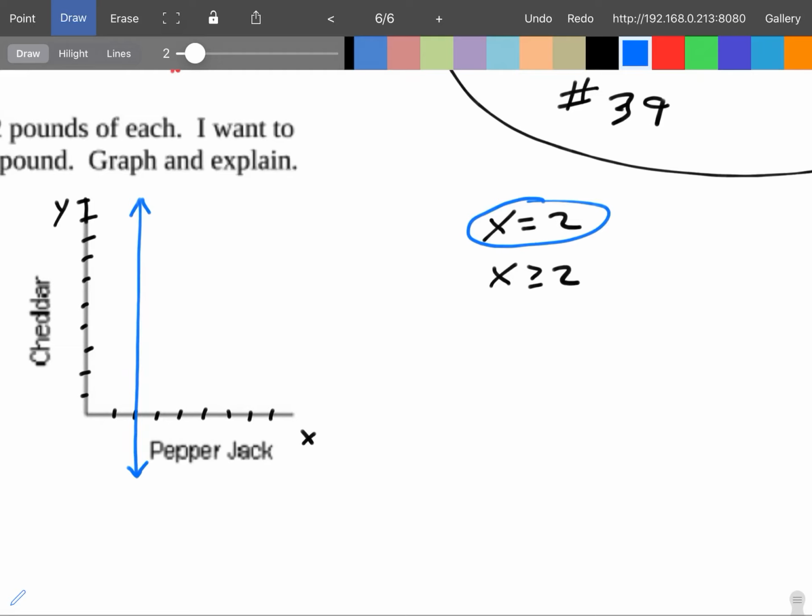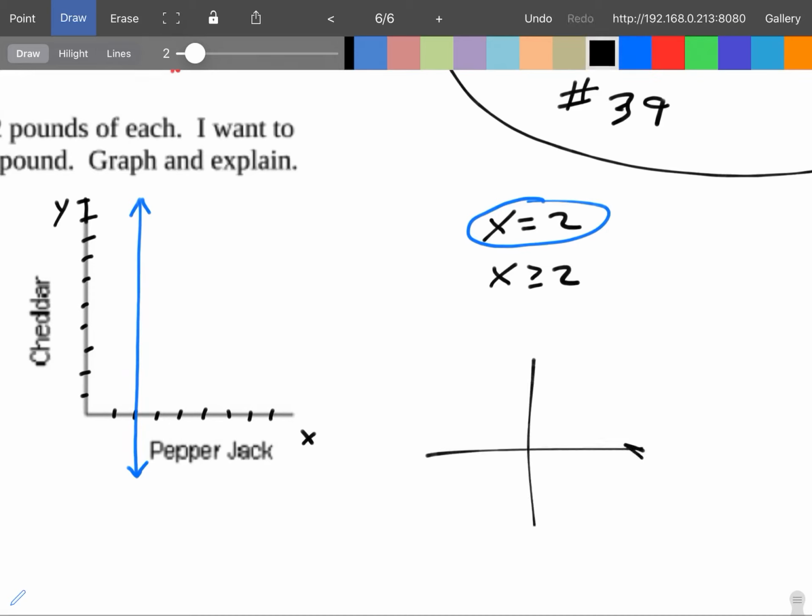So now, what point do we want to test? We got to pick a point to test. What's the easiest point we can test? 0, 0. Yeah, we're going to test 0, 0.